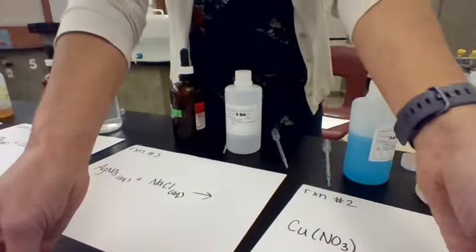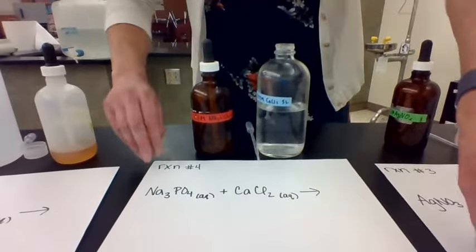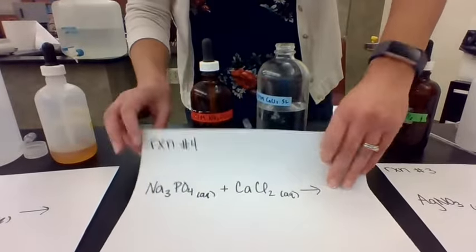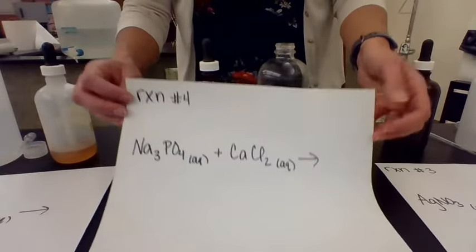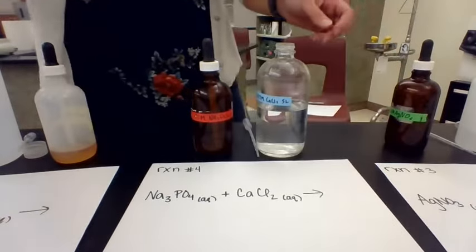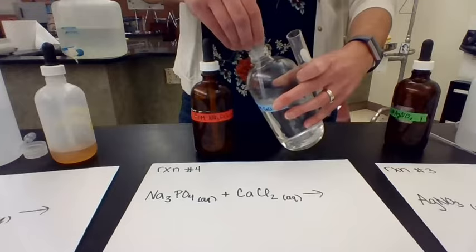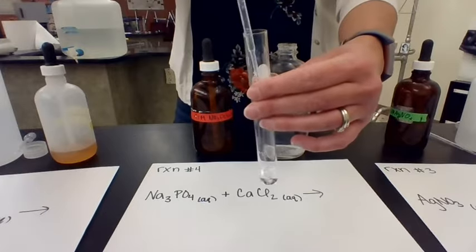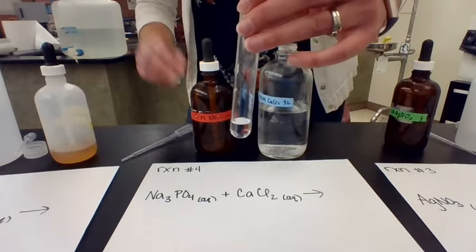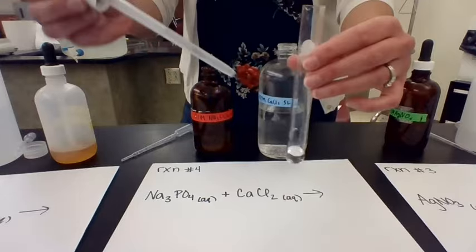All right, let's scoot down here to reaction 4. So reaction 4 is between sodium phosphate and calcium chloride. All right, so we're going to take this one, and this one is our calcium chloride. Again, another clear, colorless solution.